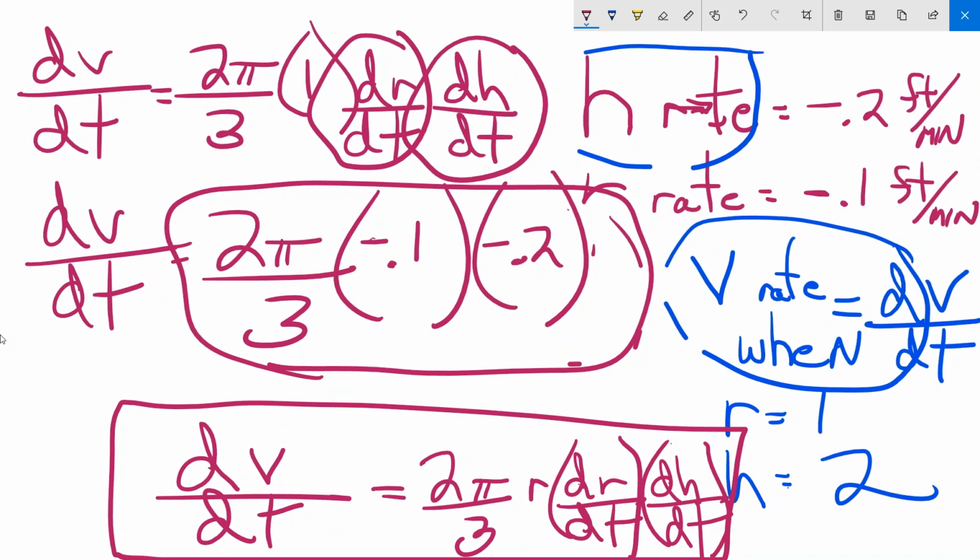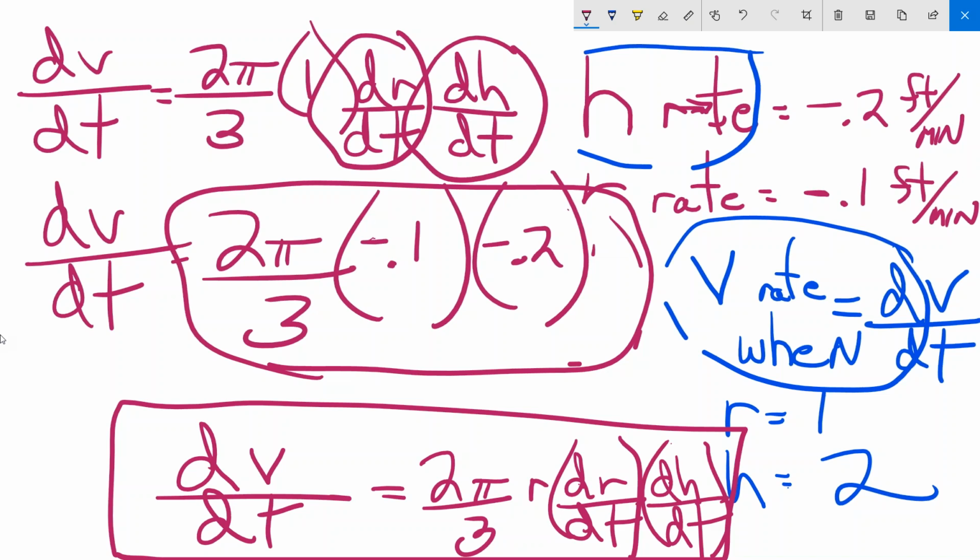Then they're asking, what does dV/dt do when r is a number and h is a number? I've made a mistake on this, and I'm going to have to go back and review it. I don't want to do that on your time. So again, let's go forward and talk.